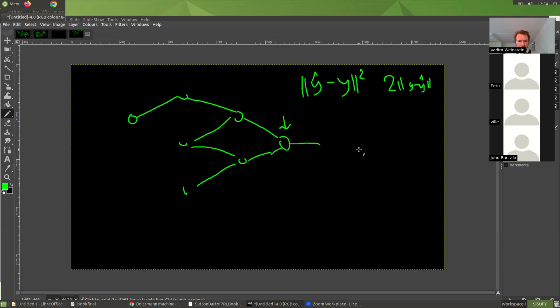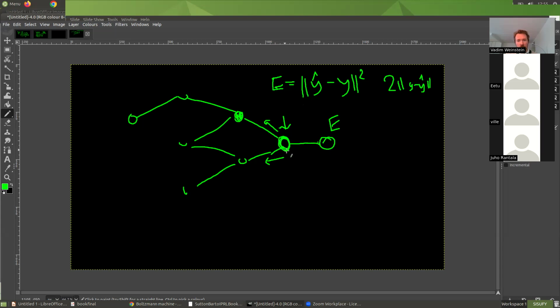And so you send this back, and then here you have some node which was the one that put out, like this is the error. Let's start from this was the error, and you backpropagate it here.